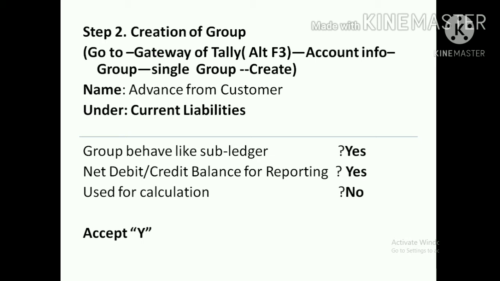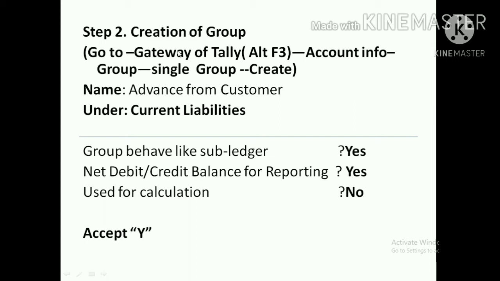The next, as I already told, before entering the voucher, before creation of ledger, if the company wants to keep a separate subgroup for this advance, then the company needs to create these subgroups. If not, the company can keep this information under the primary group as a current liability. But if the company wants to create subgroups in that primary current liability group, it can create them with the help of the single group option.